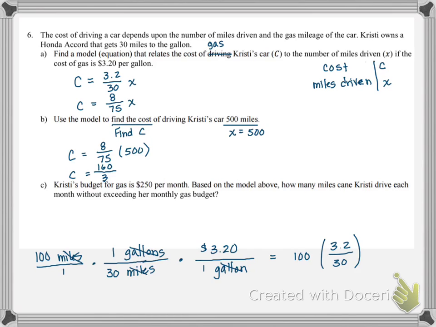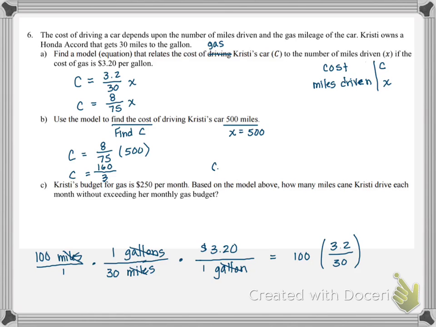So this is like my final answer, but just like we talked about yesterday, when I write that sentence, we want it to be realistic in terms of the problem, right? Nobody says, the cost of driving the car 500 miles is 160 thirds dollars, right? We don't talk like that. So at this point, it's totally appropriate to get a decimal and then round it to 2 digits, so it's in dollars and cents.